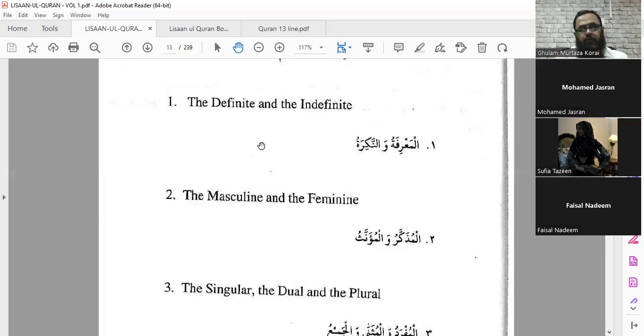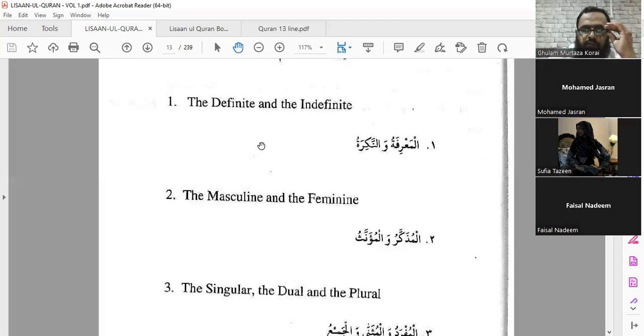But now, whatever edition was available, we have purchased it and got it scanned. If you think the words have not been translated properly, we have to understand them and bring in new words.